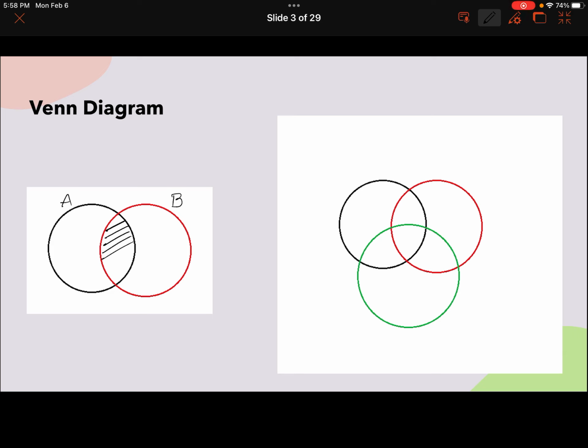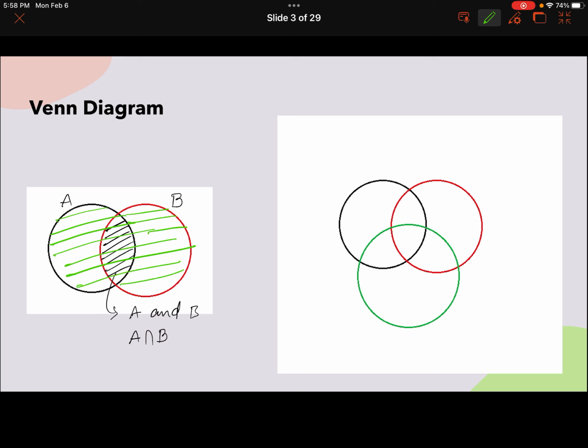This is the area shared by A and B, which means A intersection B. Now this is A or B, that means A union B, everything from A as well as B.